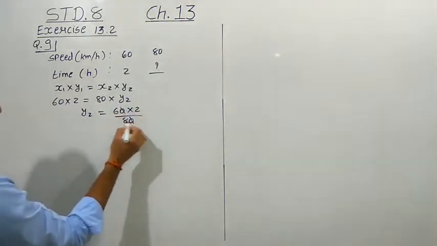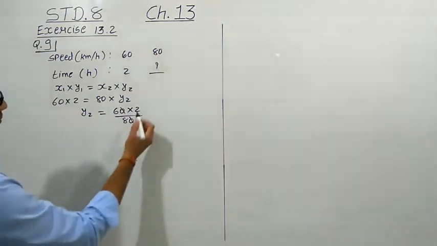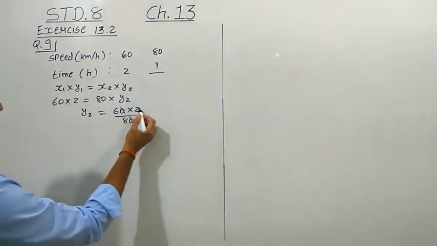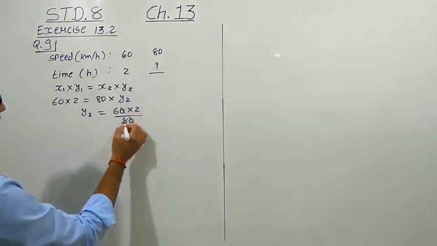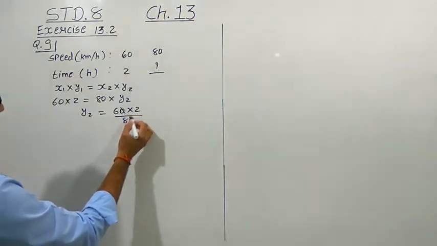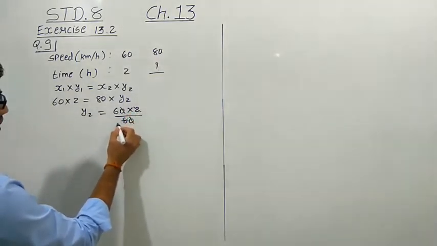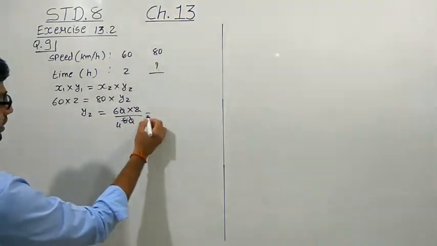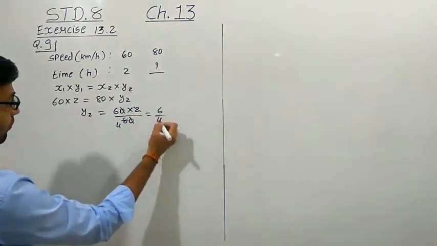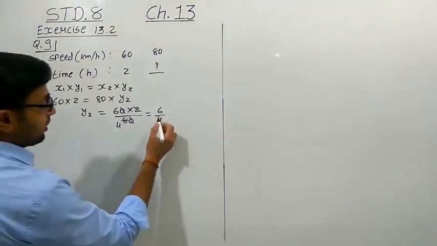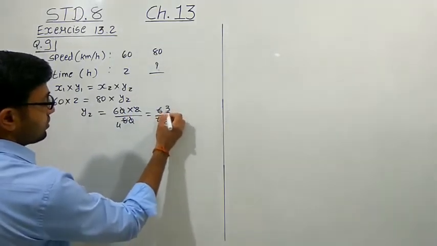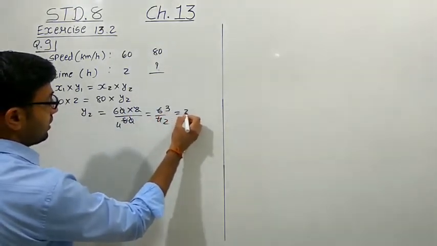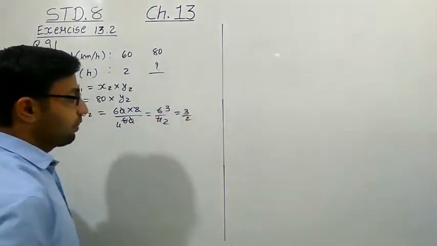Cut this 2 and 2. So here we can cut this 2 with this 8. So 2 4s are 8. And here we get the answer 6 upon 4. Now further we can cut it: 2 2s are 4 and 3 2s are 6. So the answer we get is 3 upon 2.